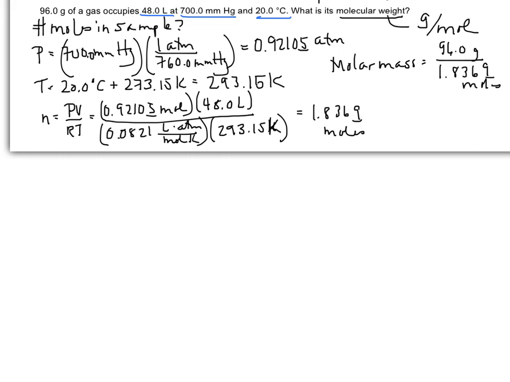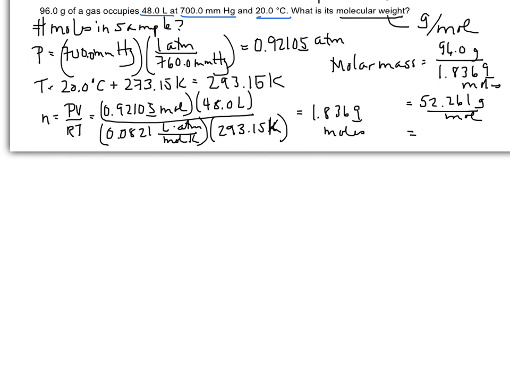Now, let's stop and talk about this for just a minute. What this tells us is that we have a sample that has a mass of 96 grams, and in that sample there are 1.836 moles. We want to know what is the mass if we have 1 mole. So we're just going to divide through, and what we get is 52.261 grams per mole.